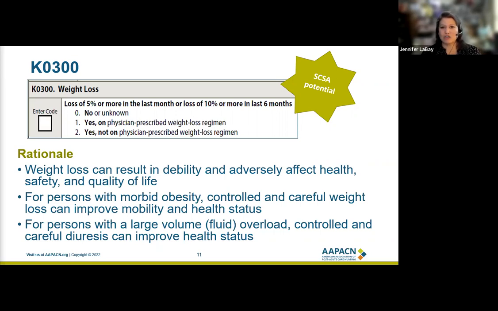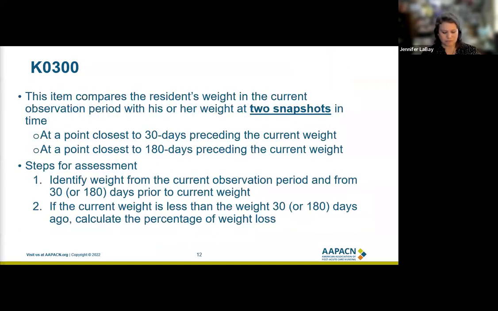We need to make sure that we have a good understanding of this time frame. So as you can see here, this item compares the resident's weight in the current observation period with his or her weight at 2 snapshots in time, at the point closest to 30 days preceding the current weight and at a point closest to 180 days preceding the current weight.